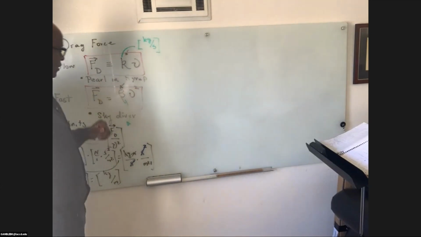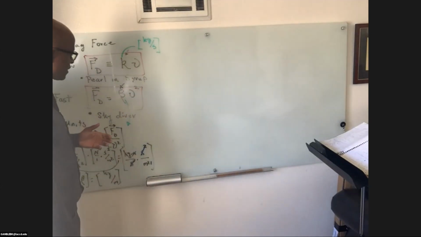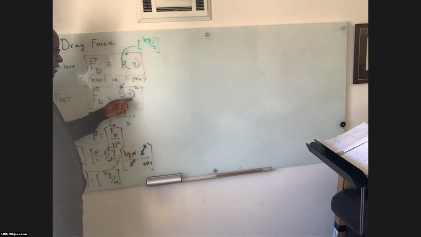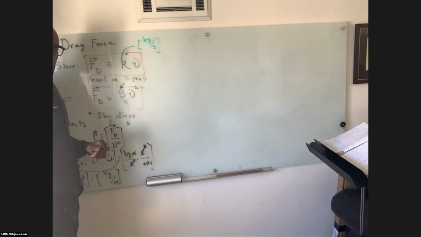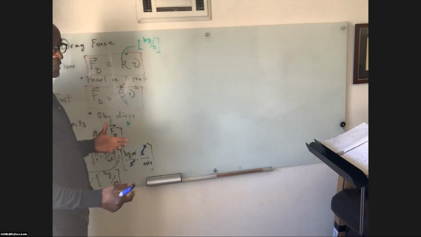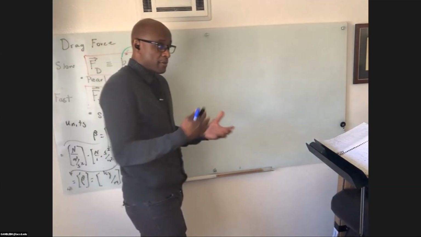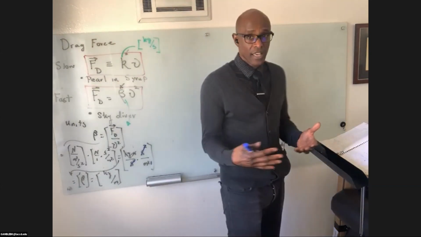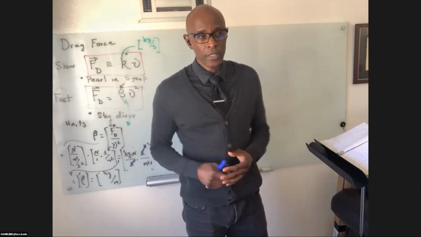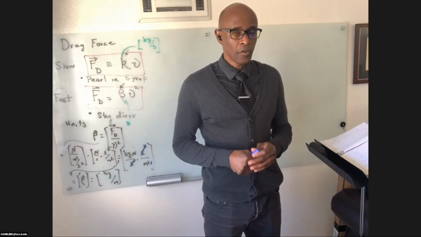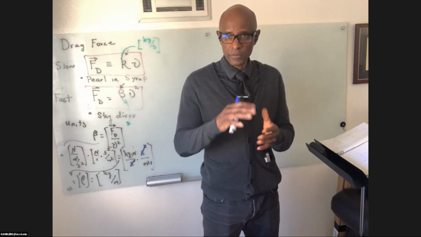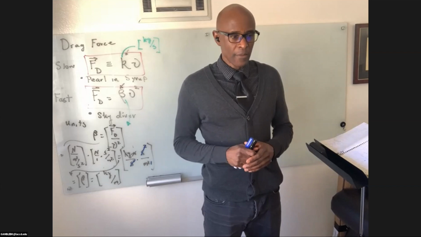But when the thing is moving very fast, all of a sudden, it's proportional to the square of the speed. There's a critical point where that happens, maybe at some critical velocity. We don't really talk about the boundary between when that happens and when it doesn't.